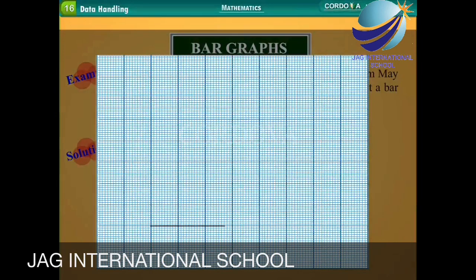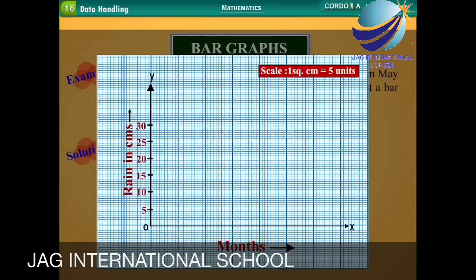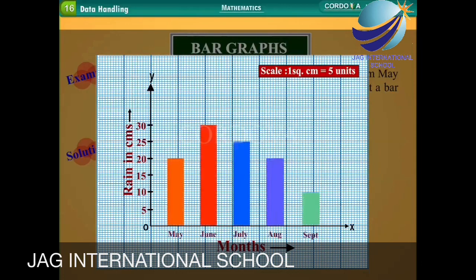We draw two lines perpendicular to each other on graph paper and mark them as OX and OY, horizontal and vertical axis respectively. Along the OX line, we mark months, and along the OY line we mark rainfall in centimeters. We choose a suitable scale to determine the heights of the bars. Here, we choose 1 centimeter as 5 units. We draw the bars leaving uniform space between bars as shown.